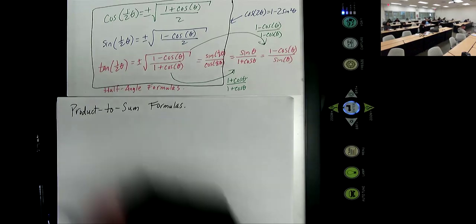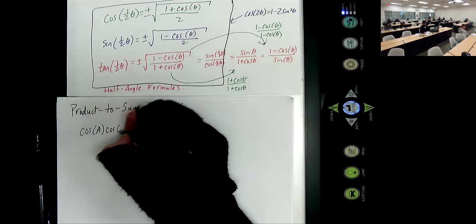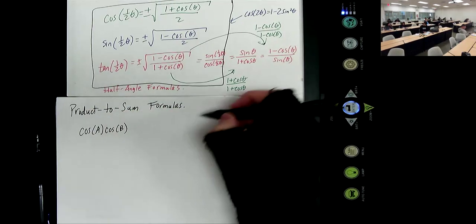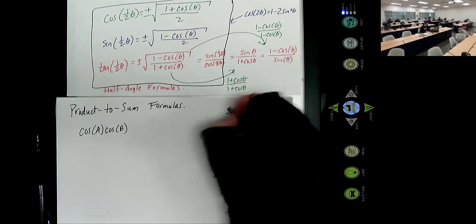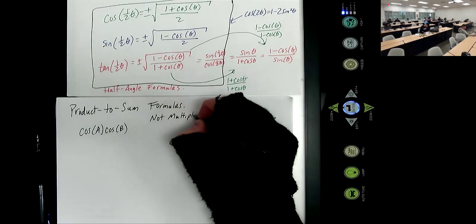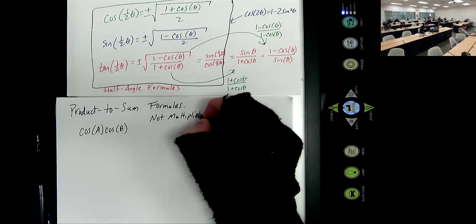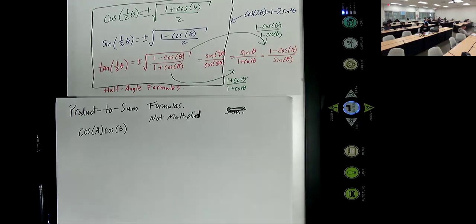So let's say I want a formula for cosine A, cosine B. And I wanna write it where there is a sum in here, where they're not multiplied. This is my goal. So this is how you go about doing it.